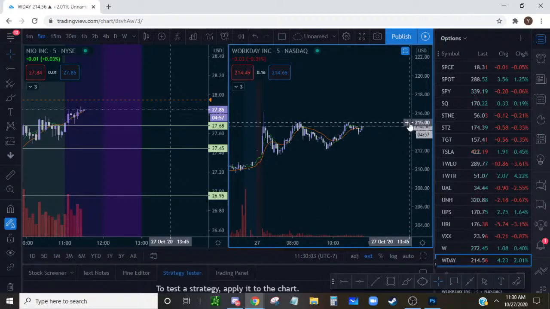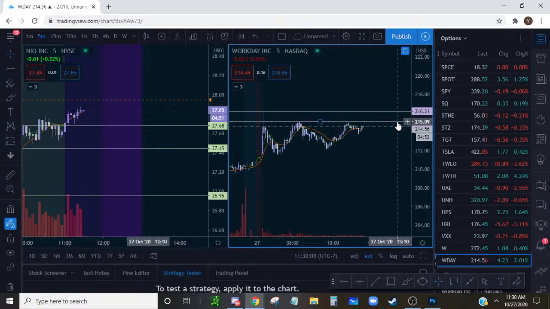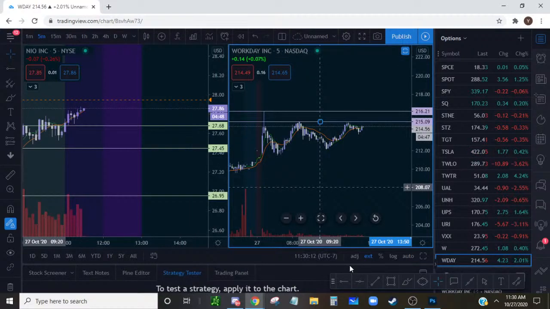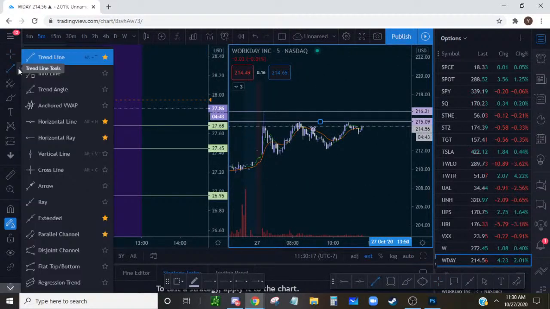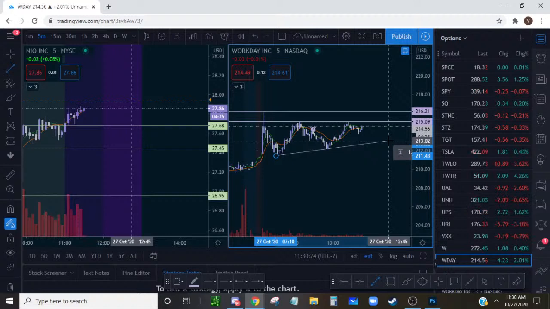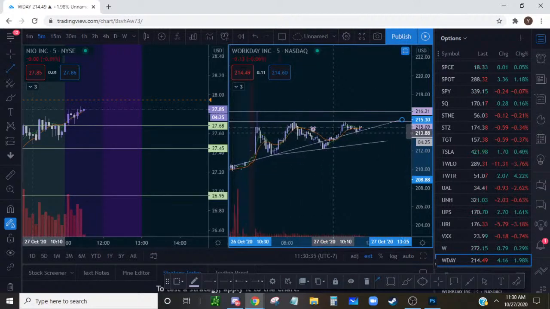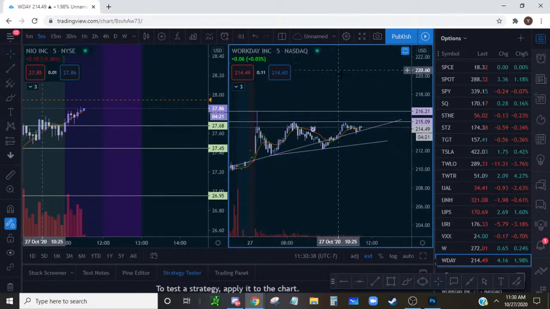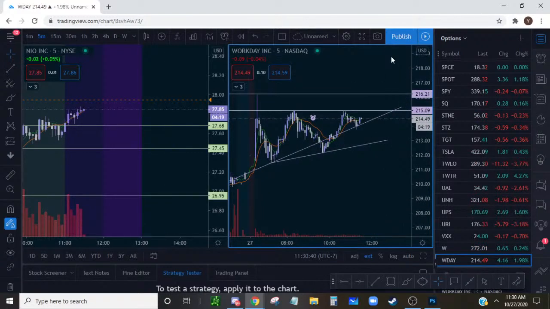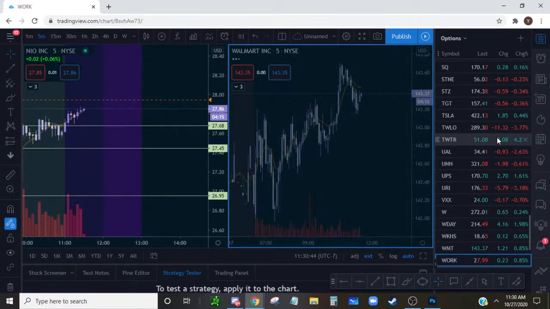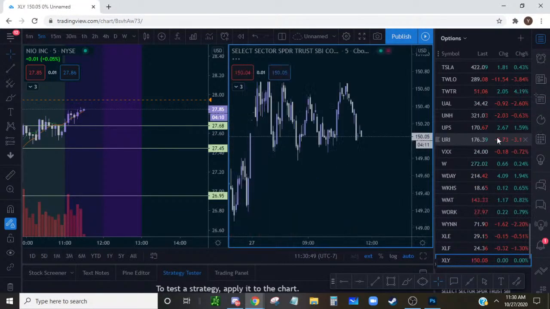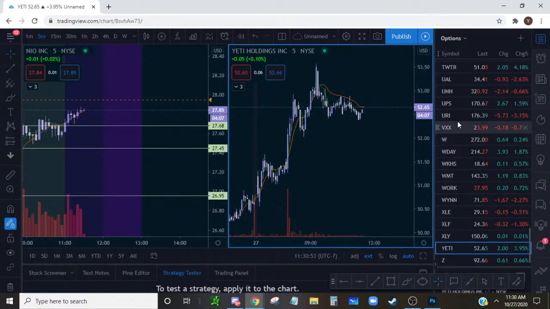I do like Workday too. Set an alert on that real quick. Actually, I do have Yeti and ZS equity that I bought around 49.